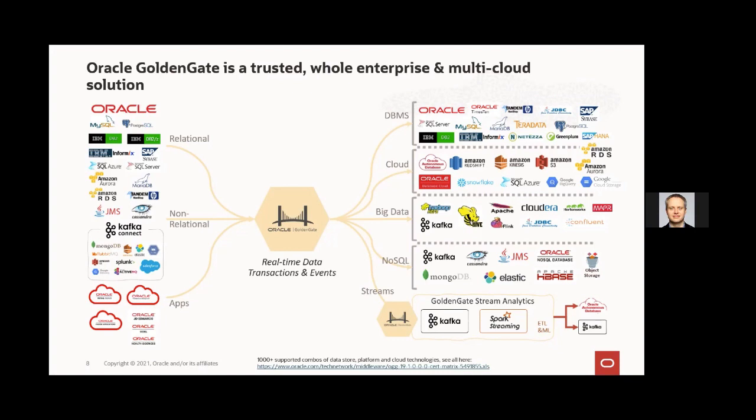We support Oracle applications directly, and in real time with low latency, moving the events into relational databases, cloud, different cloud technologies or cloud environments, in case of topology, big data environments, NoSQL, or the streams architecture.